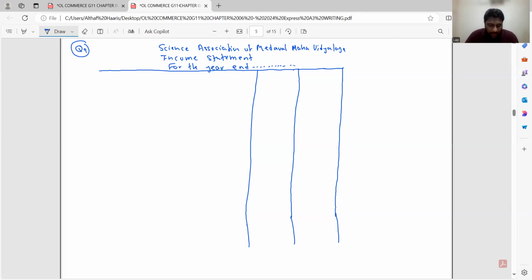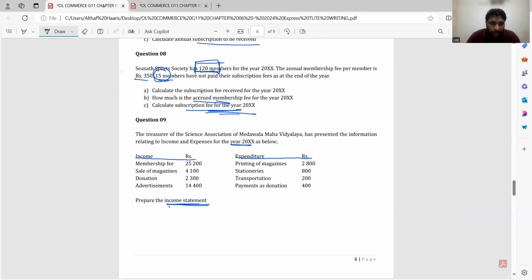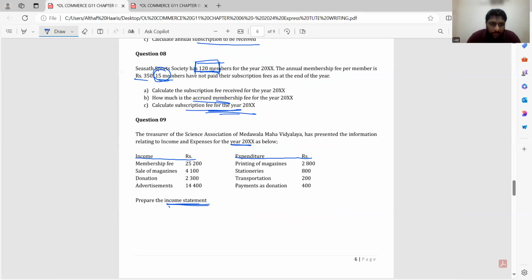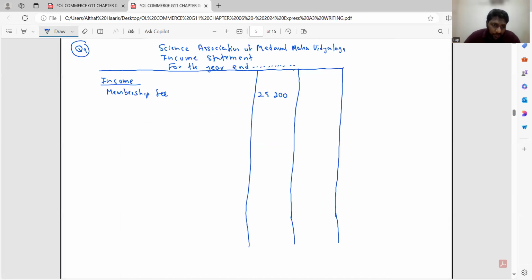So we'll start with the income. List down all the income. Membership fee 25,200. Then sales of magazine 4,100.